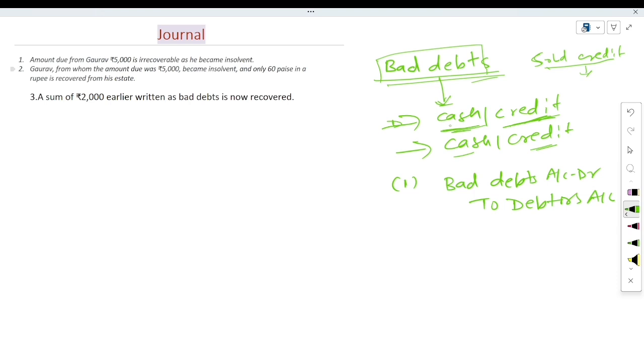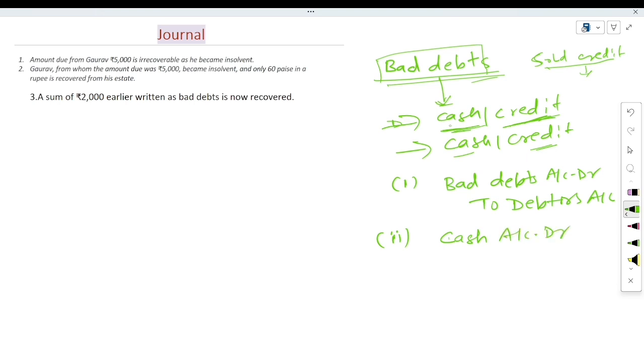So in this situation, what journal entry will we pass? Whatever amount you receive, you receive in cash or bank. If you are receiving this amount, then your cash balance will be increased. So first of all we will write cash account debit.